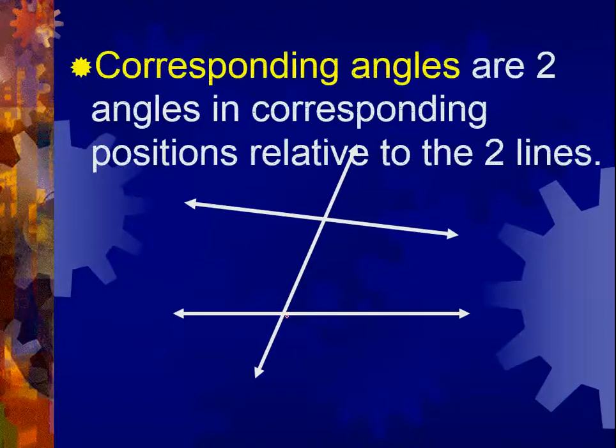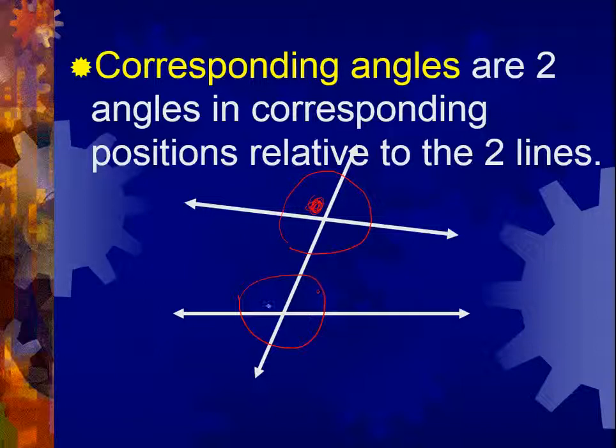And then the very last one is corresponding angles. Remember, when we first started this, I made note that you get 2 sets of 4 angles here. Corresponding angles are angles that are in the same position of each set. So this angle right here that we've been calling angle 1 is in the upper left-hand corner of this circle.